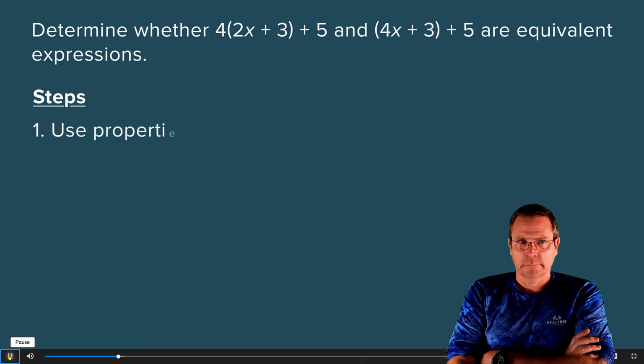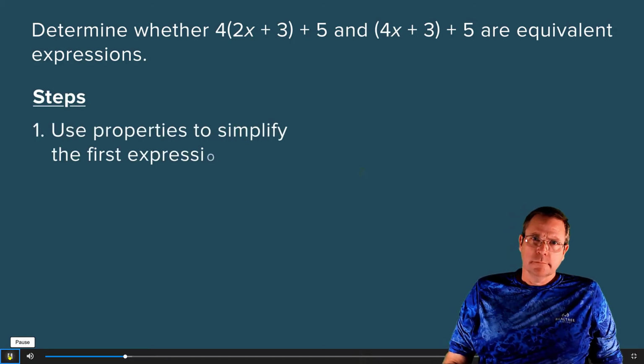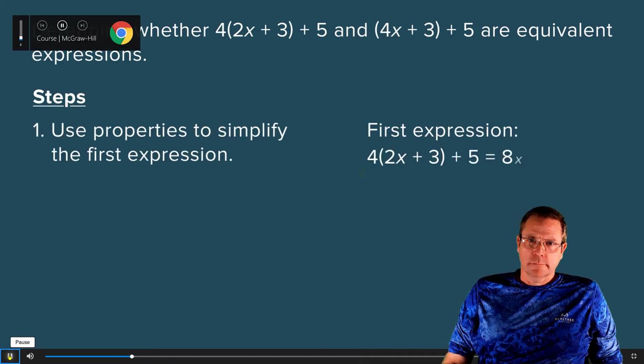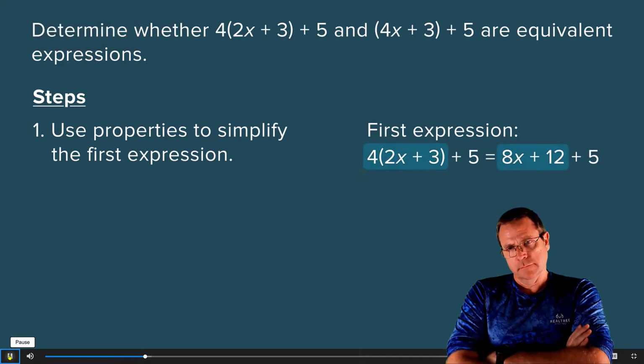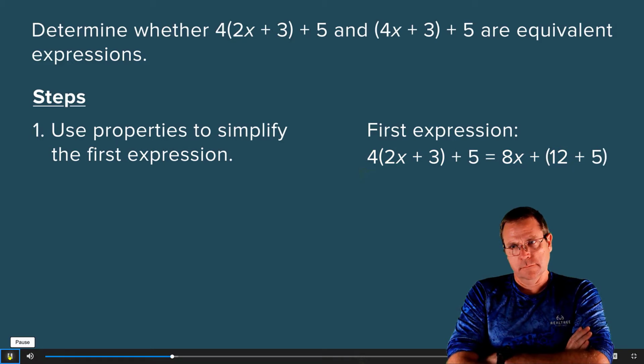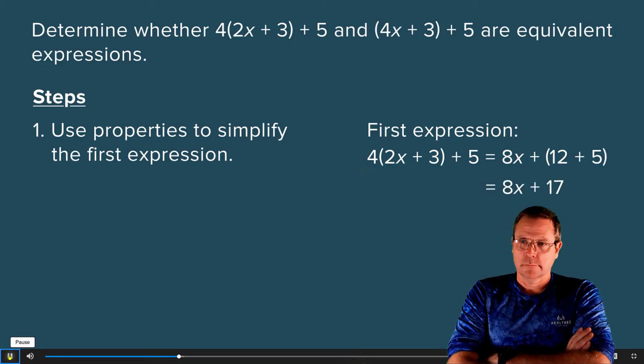Begin by using properties to simplify the first expression. Apply the distributive property to eliminate the parentheses. 4 times the quantity 2x plus 3 becomes 8x plus 12. Then use the associative property to group and combine the like terms 12 and 5. The first expression simplifies to 8x plus 17.